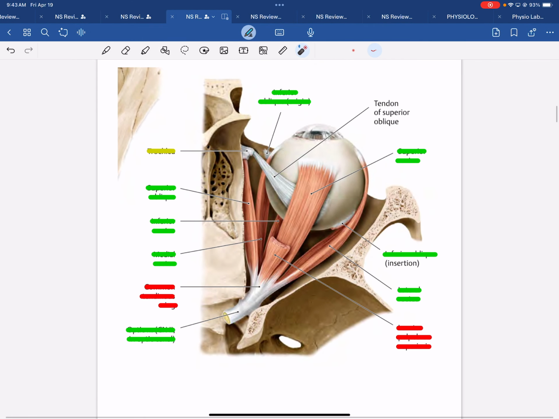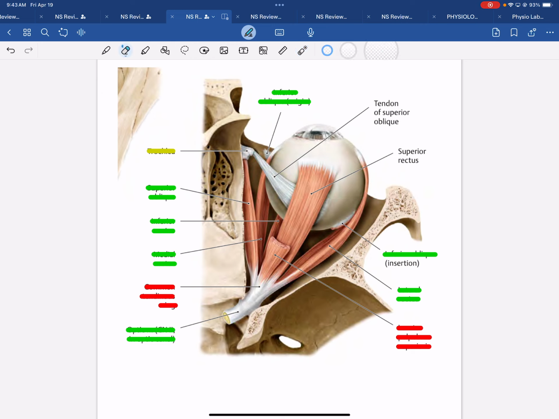All right, here's a superior view of the orbit. Let's name some structures. So, what is this? Superior rectus. Good, superior rectus. What is this? Go ahead and look, it looks like it's going here, and then it goes through that, and then it does that. Oh, that would be the superior oblique.